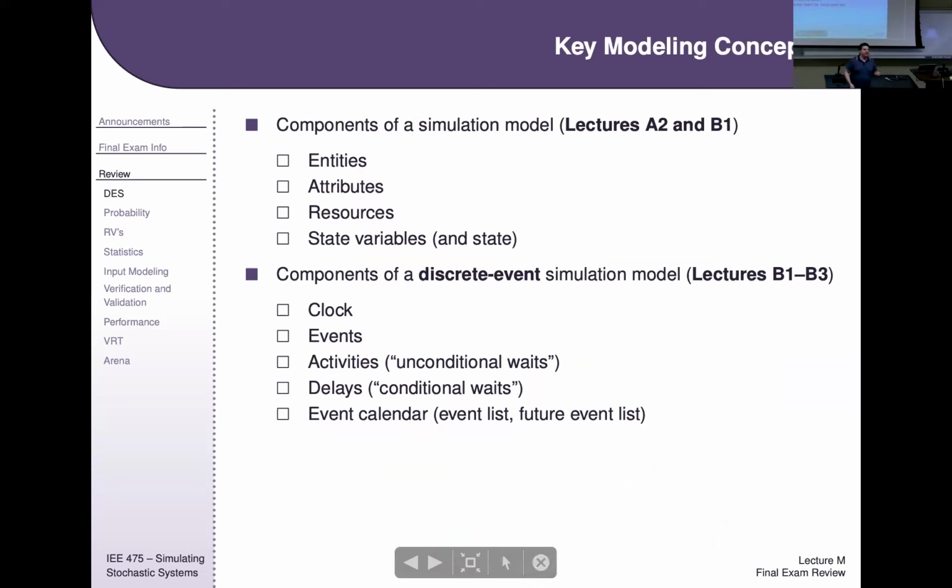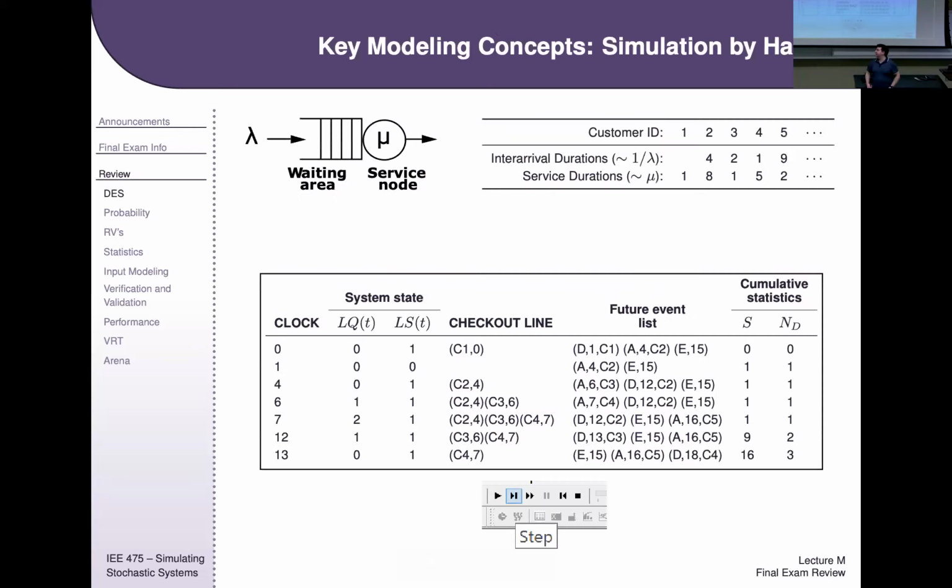All of these basic content grammar that you need in order to talk about a simulation. Know how to do a hand simulation. And by the way, now that we're all experienced in hand simulation, if you look in Arena, there's a little step function where you can actually have Arena step through this table. And so now you know what's going on behind the scenes.